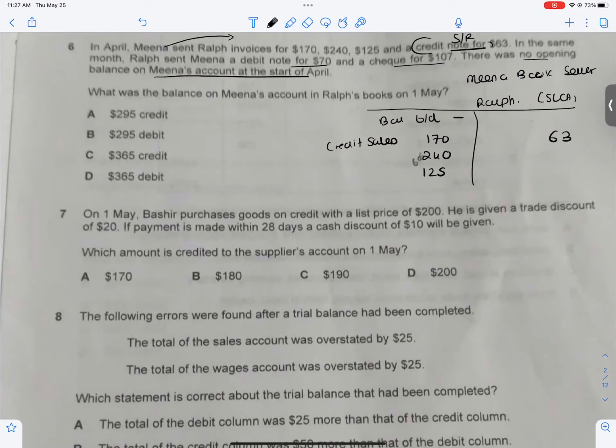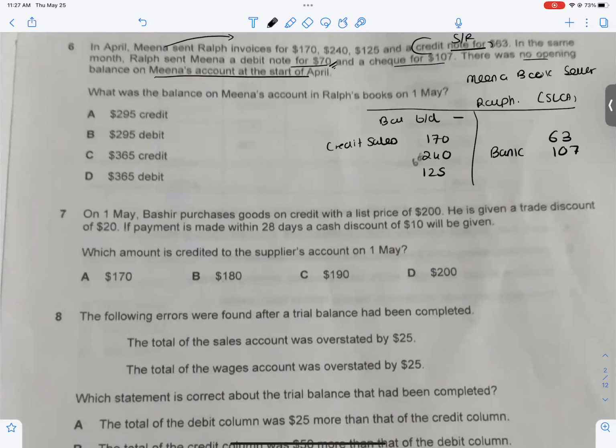Based on the debit note, you don't pass any entry. You will pass entry only based on the credit note.